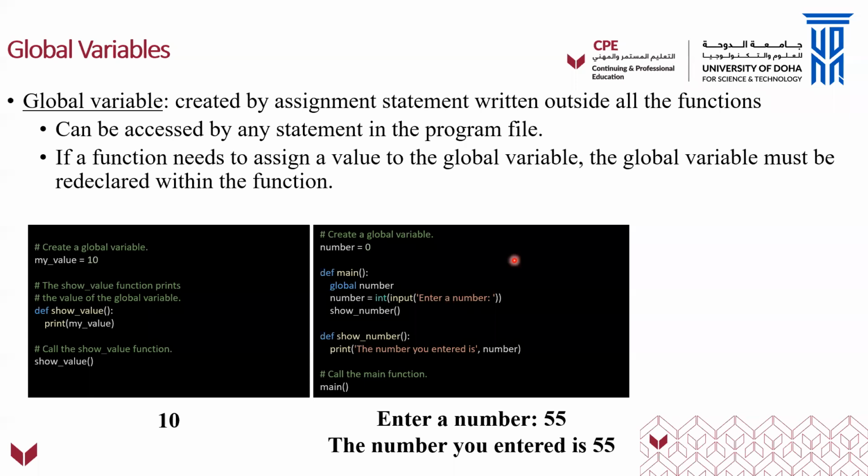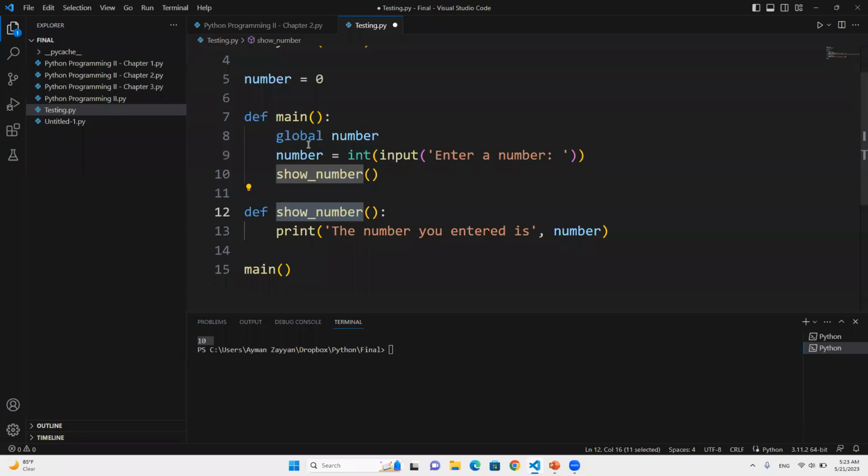However, for this note, if a function needs to assign a new value to the global variable, the global variable must be redeclared within the function. And this is why I am using the keyword global before the global variable number, because I want to ask the user for a new value instead of the initialization, which is 0.